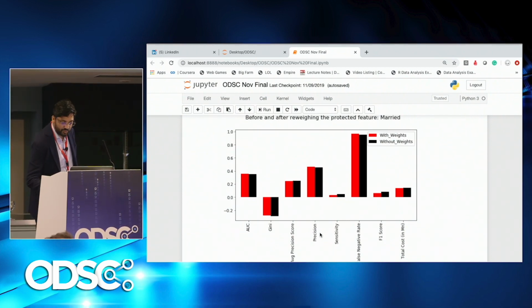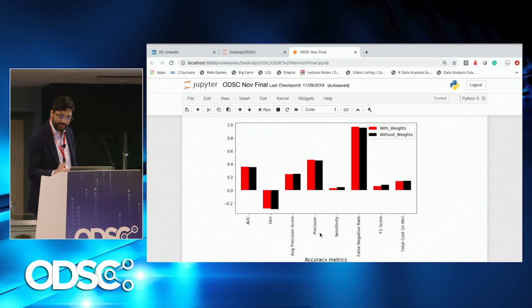And I have used almost all commonly used accuracy metrics for a binary classification algorithm: AUC, Gini, precision score, precision, sensitivity, false negative, F1, and total cost. And the cost has also gone down. If you see the red bar, the cost has gone down. False positive plus false negative, I told you the costing was 300 and 700. I did the same thing, and you see the cost going down.